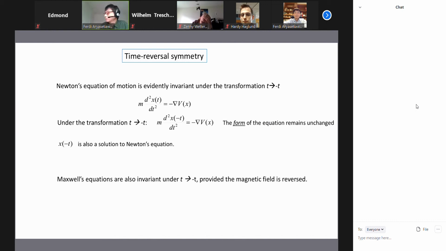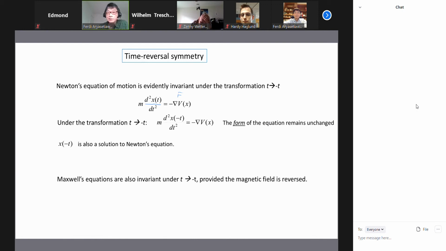But let's just start by considering time reversal in classical mechanics. As usual, we have Newton's equations. Force is equal to mass times acceleration.